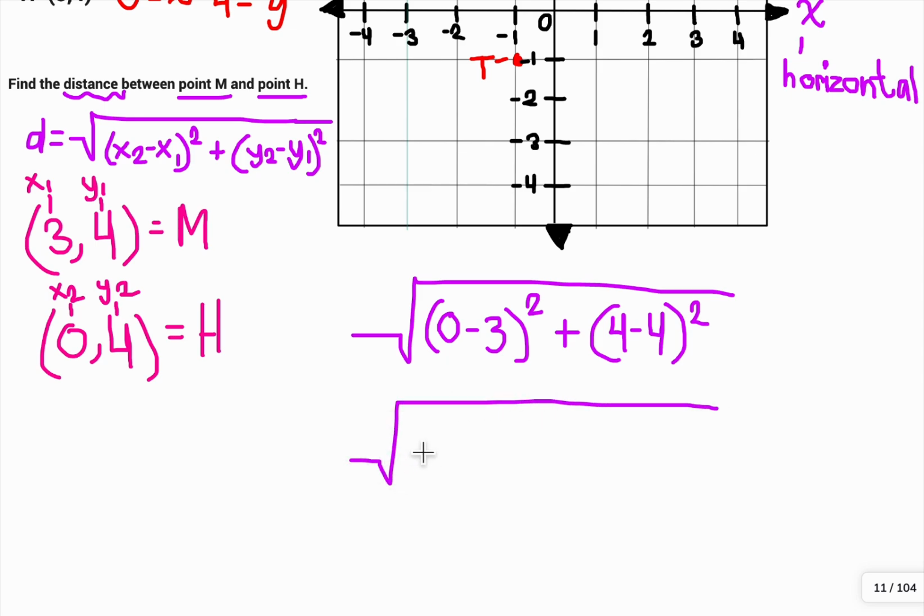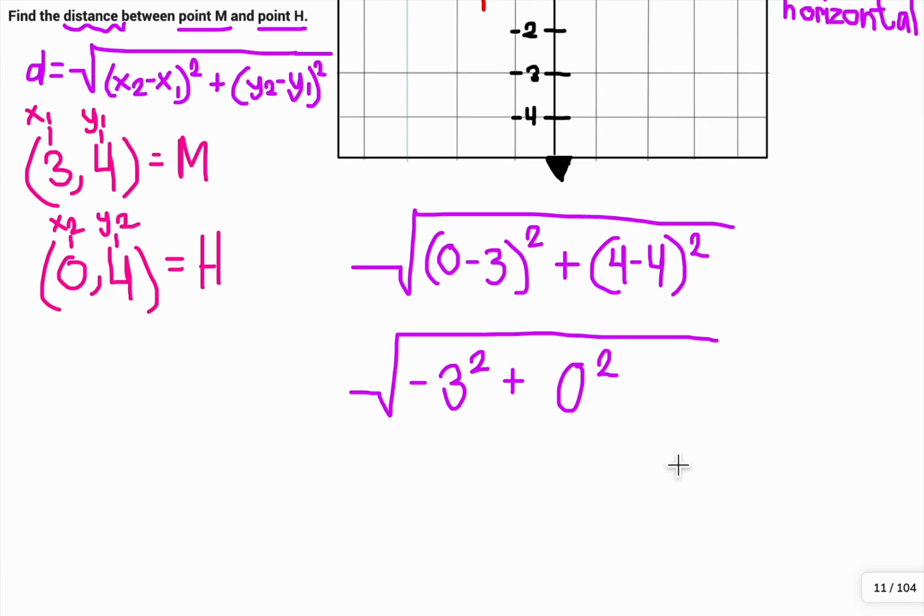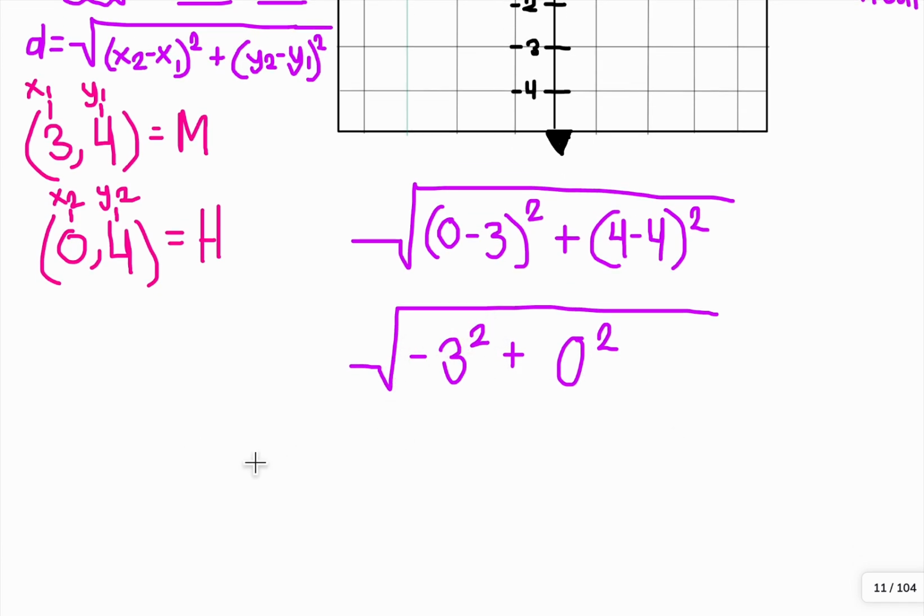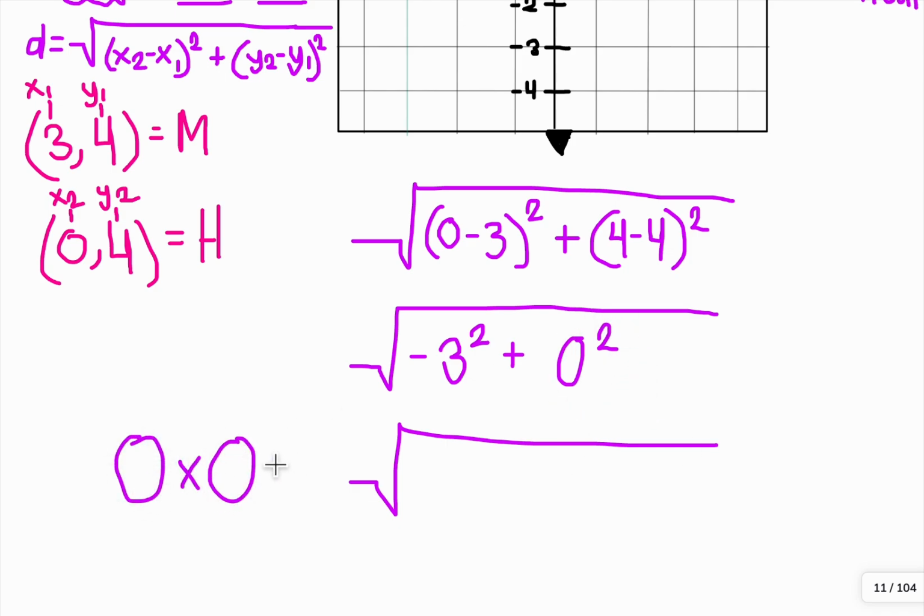Now we just have to solve. 0 minus 3 is negative 3 squared, plus 4 minus 4 is 0. We square that, and for our exponent, we do negative 3 times negative 3. A negative times a negative is a positive, so we have 9. And 0 squared would be 0 times 0, which is obviously 0.